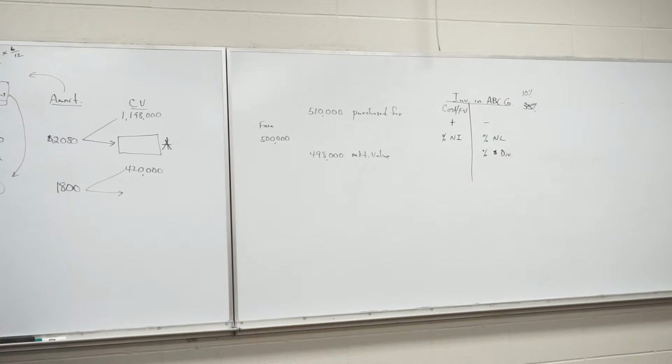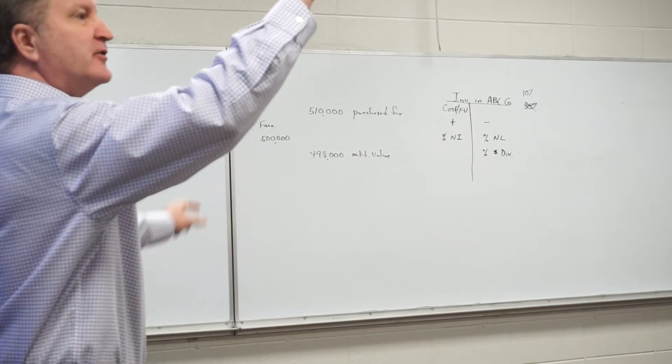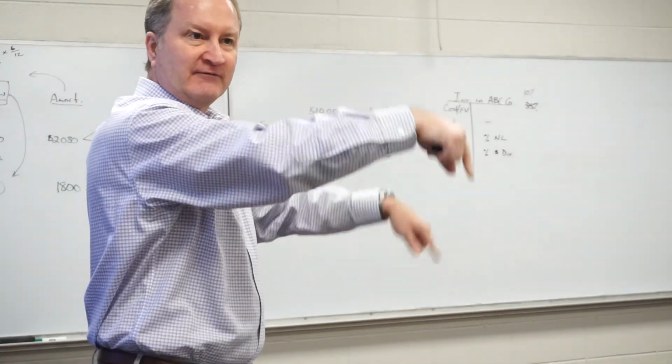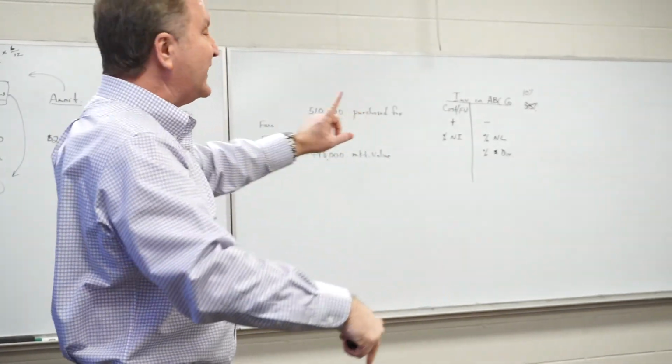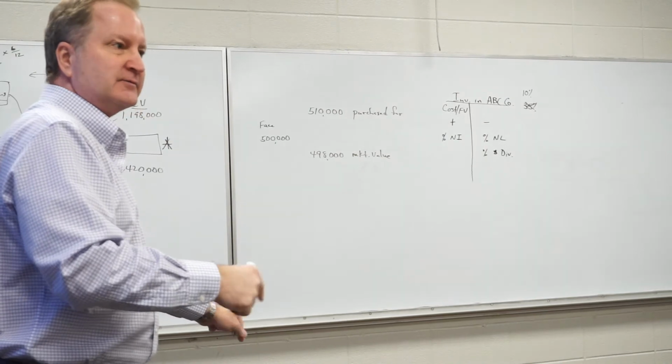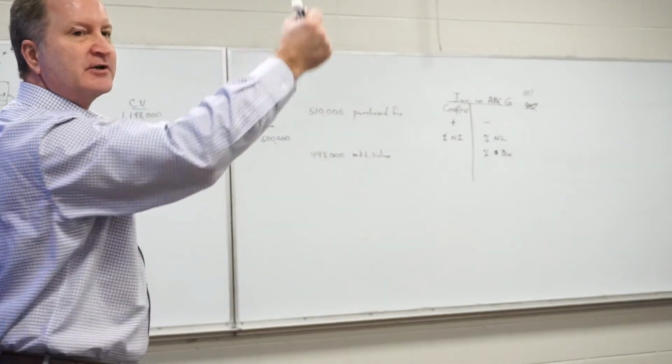What do you know about the relationship between, well, what makes the price of a bond change? The interest rate. Okay? What is the relationship between the price of a bond and interest rates? Inverse relationship, right? If interest rates go up, the value of the bond goes down, and vice versa. So what happened here? It went down, so interest rates must have gone up.